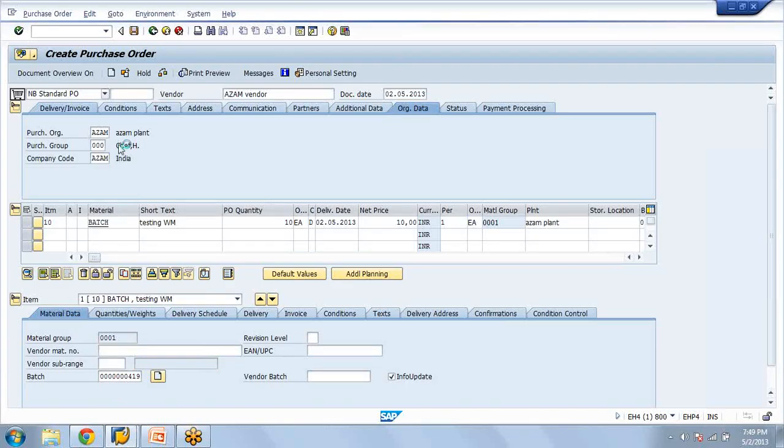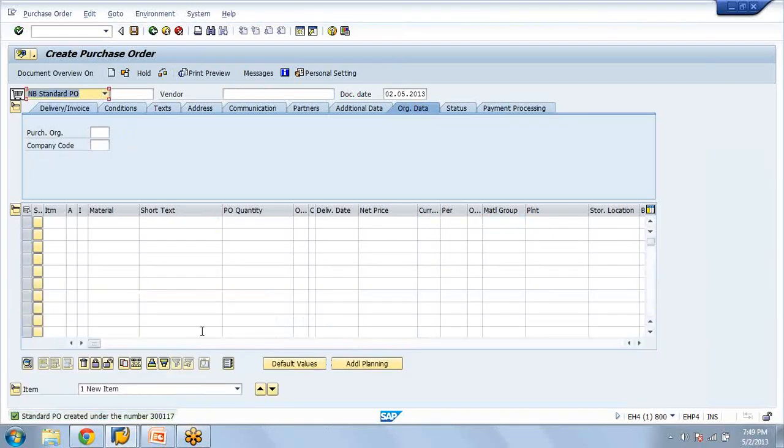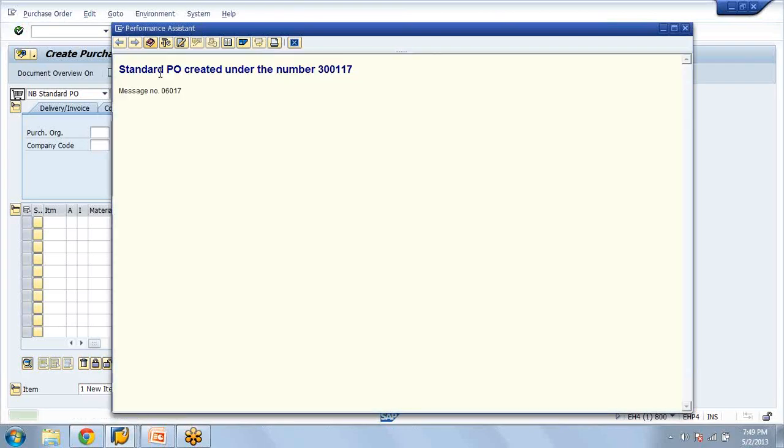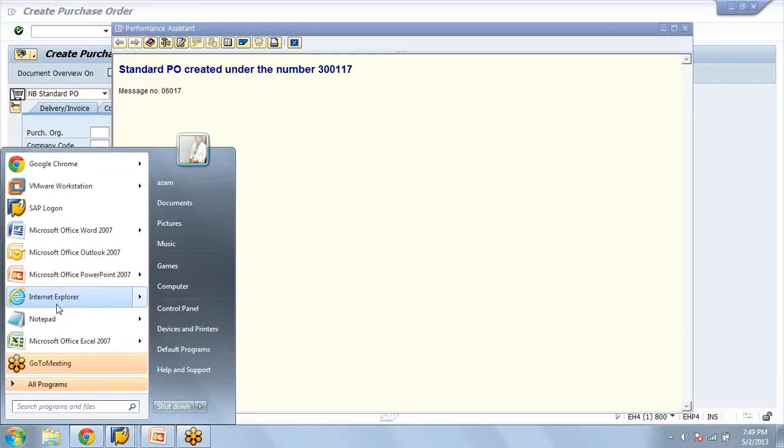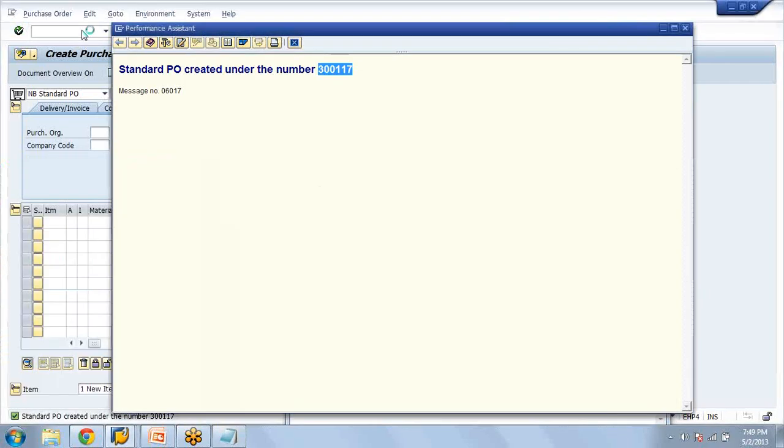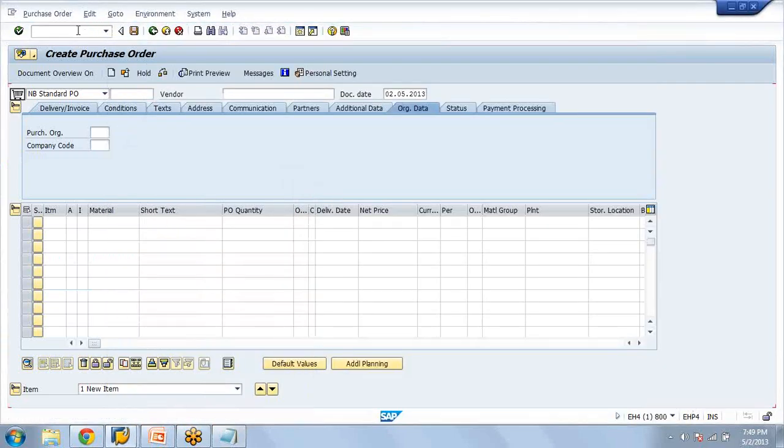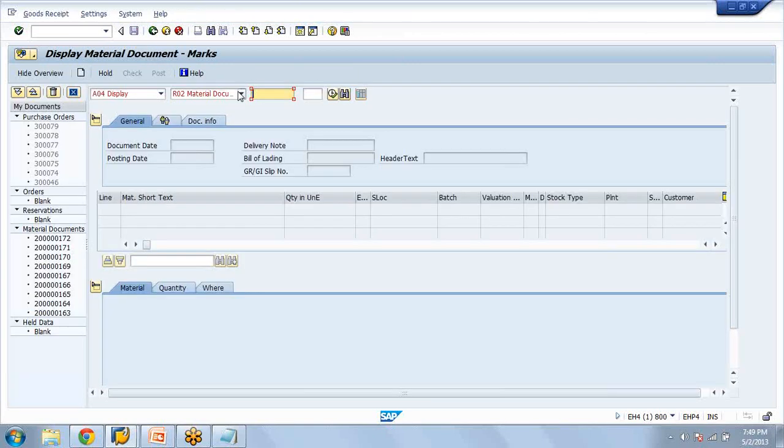I've created one material PO. What happens here: you create a goods receipt, the same process, and you store it in the WM.